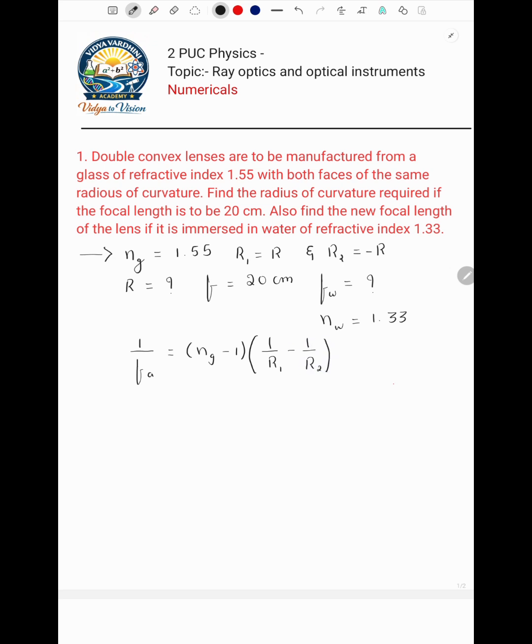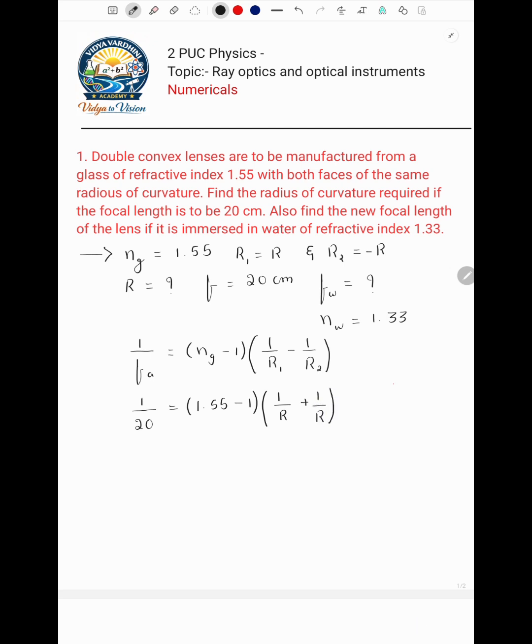Here 1 by F_A, they have given the focal length as 20 centimeter. So 1 by 20 is equal to the refractive index of glass 1.55 minus 1, into 1 by R1, which is R, and minus of minus, since R2 is also minus, it will be plus 1 by R.